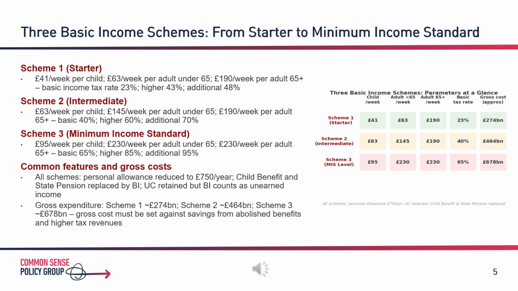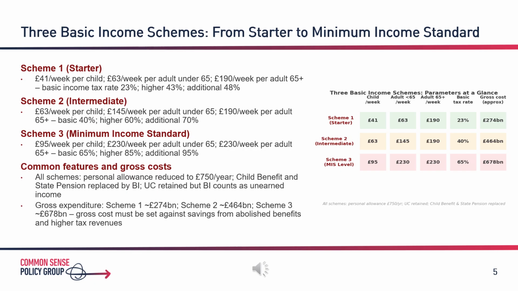Scheme 3, at minimum income standard level, pays £230 per week to working-age adults and £95 per week to children. The MIS is the income standard defined by researchers at the University of Loughborough for the Joseph Rowntree Foundation as the minimum needed for a socially acceptable living standard, as determined by members of the public through deliberative research.